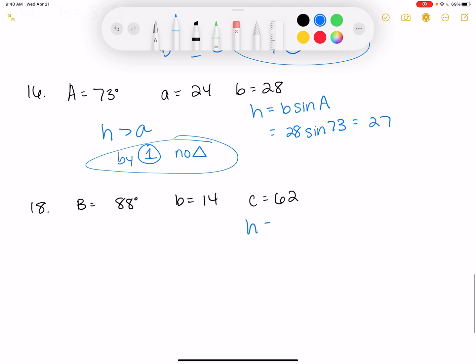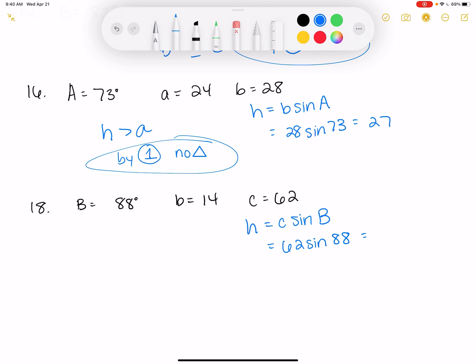Because I have angle B, H is going to be equal to c sine B. Do we understand why I'm doing it that way? Understand where it's coming from? So this is 62 sine of 88. That's 62.